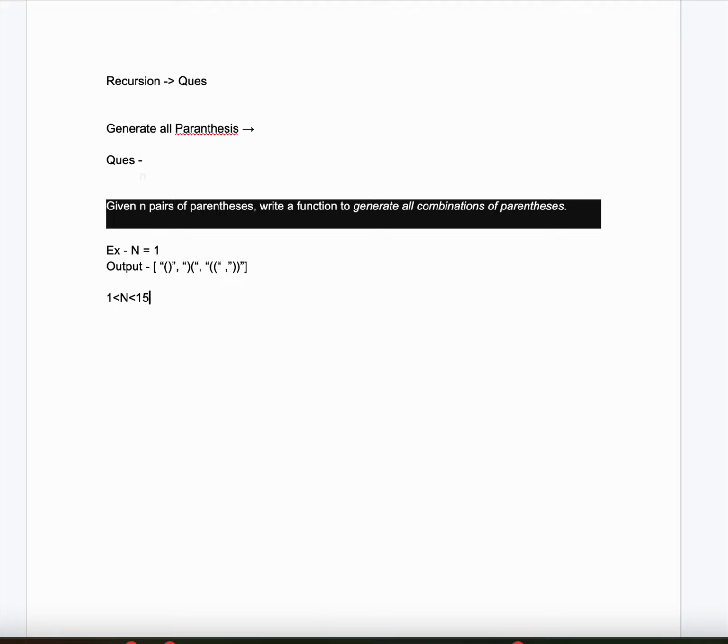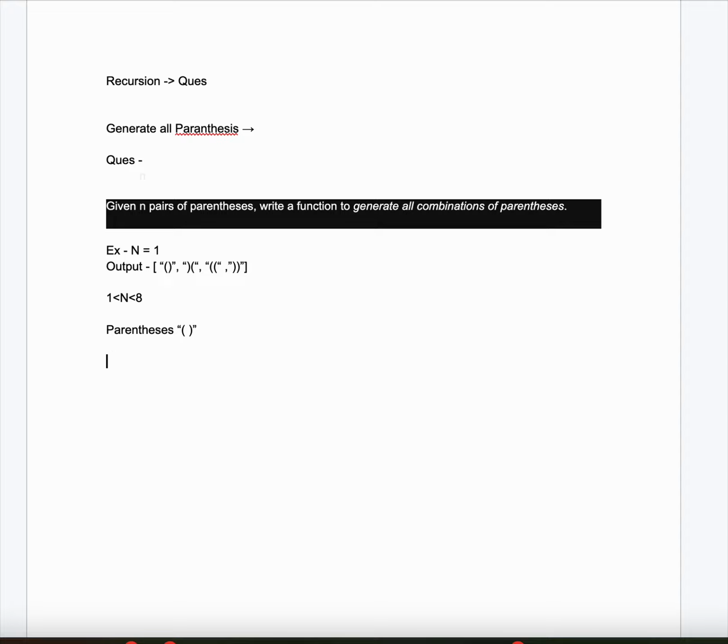Given n pairs means if you have n equal to 1, then you have two spots. Two spots for what? Two spots for parentheses. Parenthesis is this bracket, if no one knows. This we call a parenthesis. This is an opening one and this is a closed one.